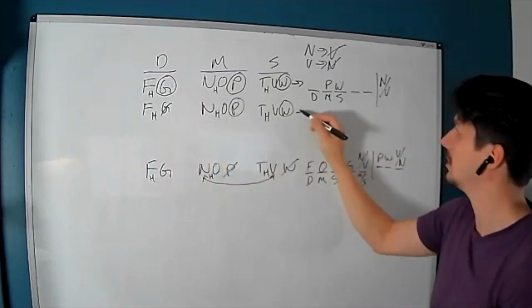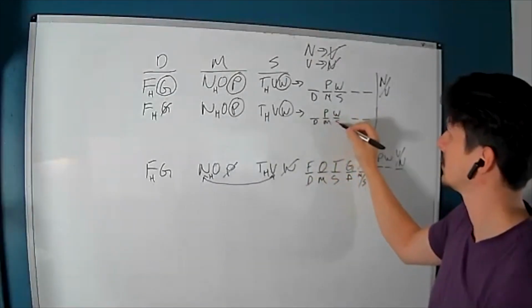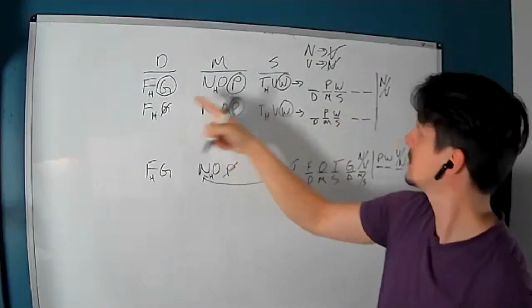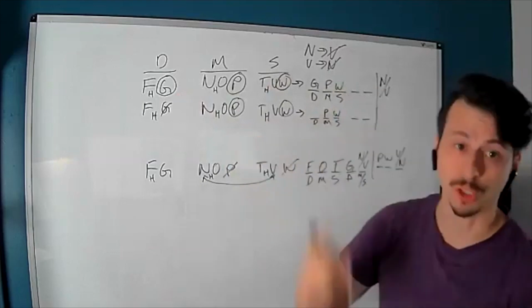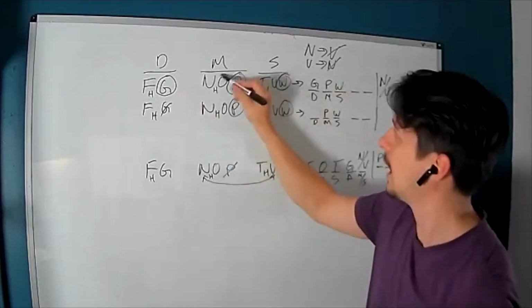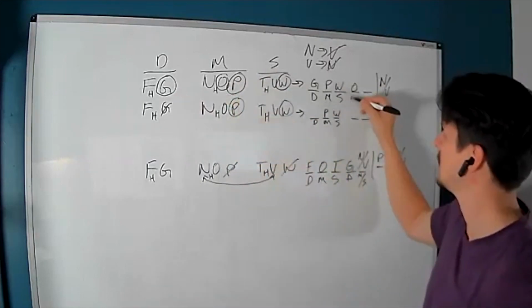And so in this world over here, I still have P and W. In this top one, I now have G. G means I have O. Okay, that's a meal.